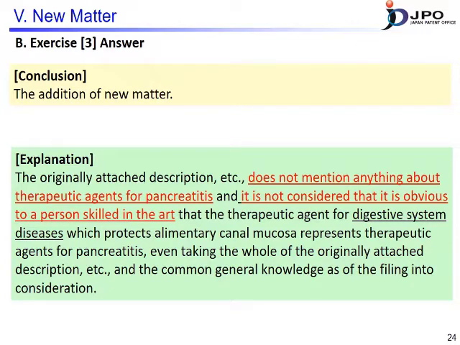The originally attached description, etc., does not mention anything about therapeutic agents for pancreatitis, and it's not considered that it's obvious to a person skilled in the art that the therapeutic agent for the digestive system diseases, which protects alimentary canal mucosa, represents therapeutic agents for pancreatitis, even taking the whole of the originally attached description, etc., and the common general knowledge as of the filing into consideration.